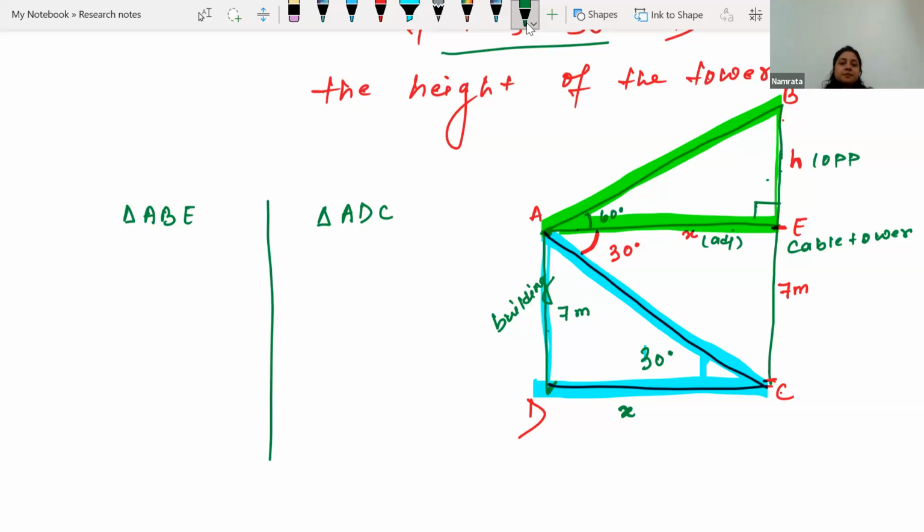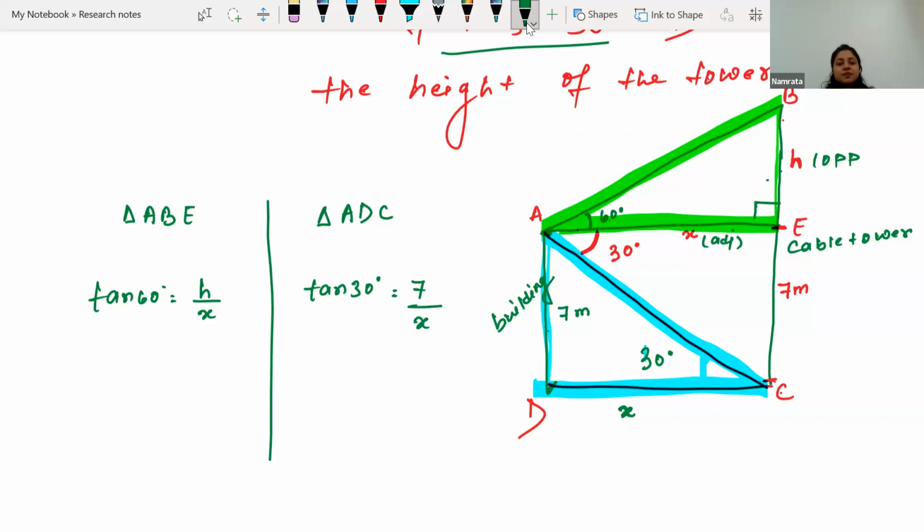Then which trigonometric ratio? Tan 60. Tan 60 is equal to opposite over adjacent. Here in ADC also we want to use opposite and adjacent only. So tan 30 is equal to 7 over x. Oh yeah, here it is possible to find x.